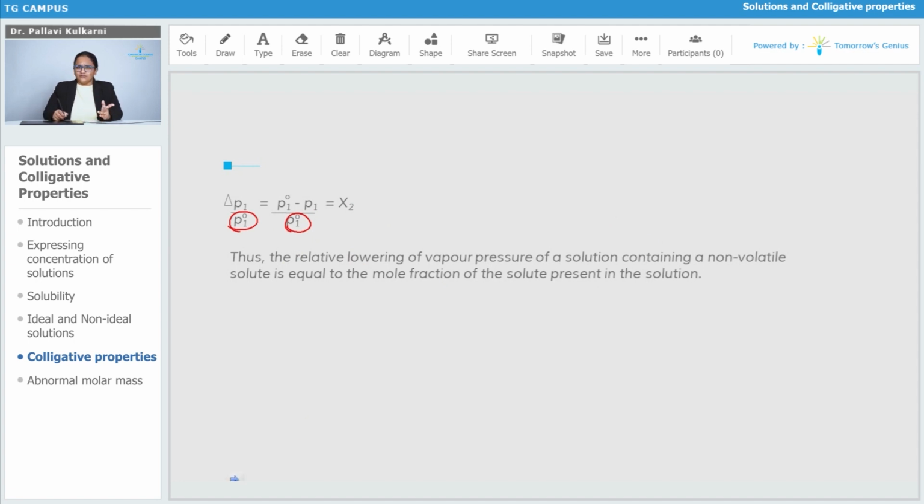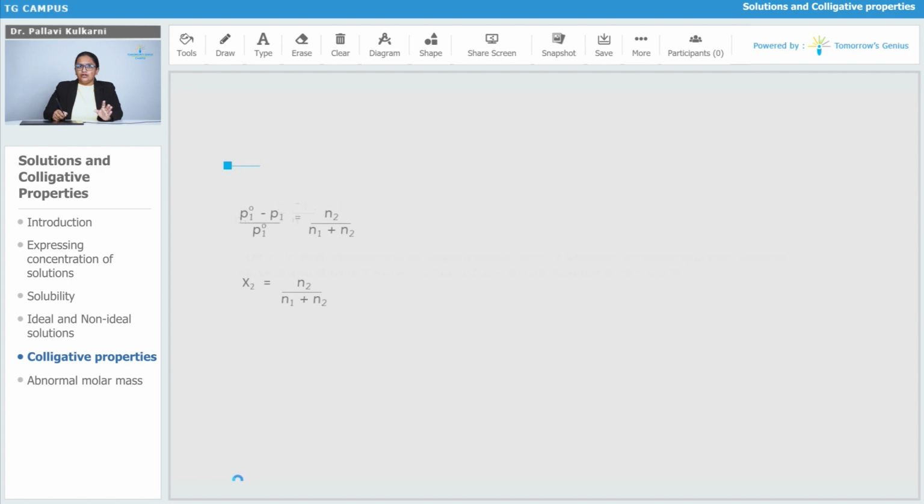Mole fraction is nothing but the number of solute particles, and hence it proves that RLVP depends on the number of solute particles and not on the nature. Therefore, this is a colligative property. Here, (P1 naught minus P1) divided by P1 naught is the relative lowering of vapor pressure, RLVP, and in the previous step we have seen it is equal to X2.